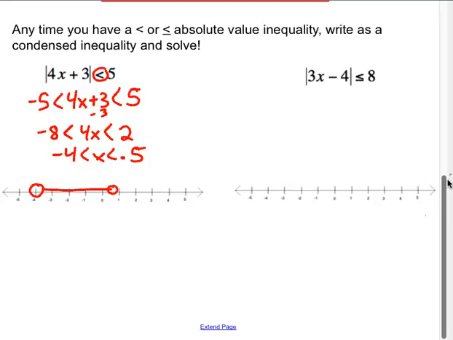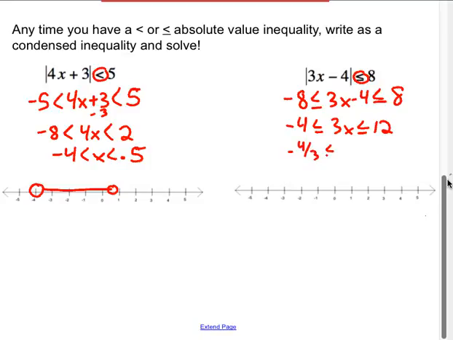So let's try this one. Well, again, less than means it's going to be condensed between those values. So now I'm going to add 4 everywhere and divide by 3. So we have 4.